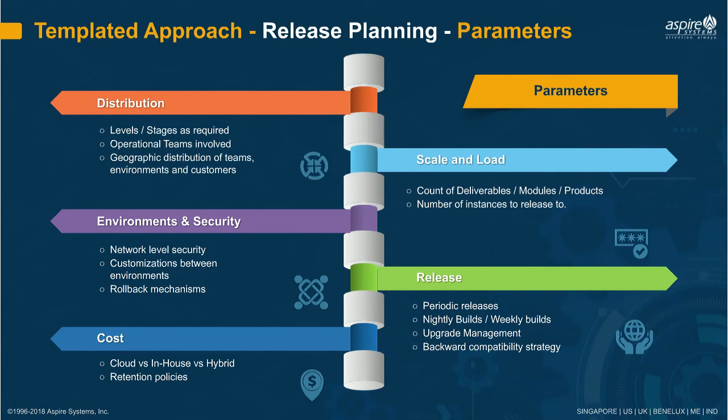The second parameter is scale and load. The count of deliverables, modules, the products, their number of instances, the number of clusters, expected performance numbers, response times, or all of those standard performance parameters. Those will come under here.